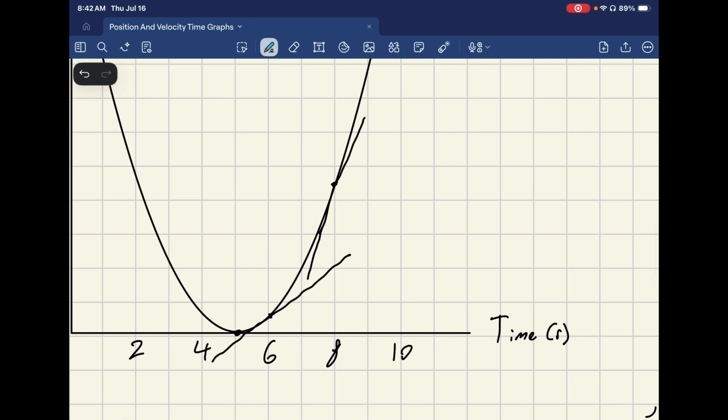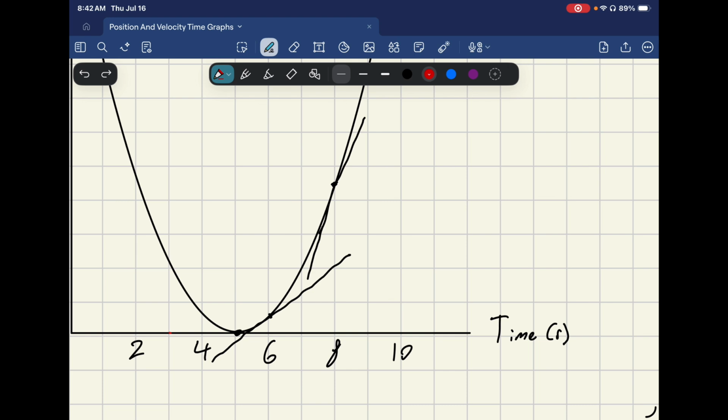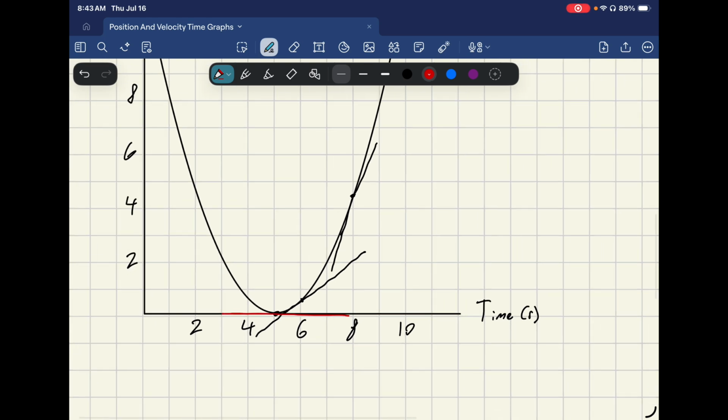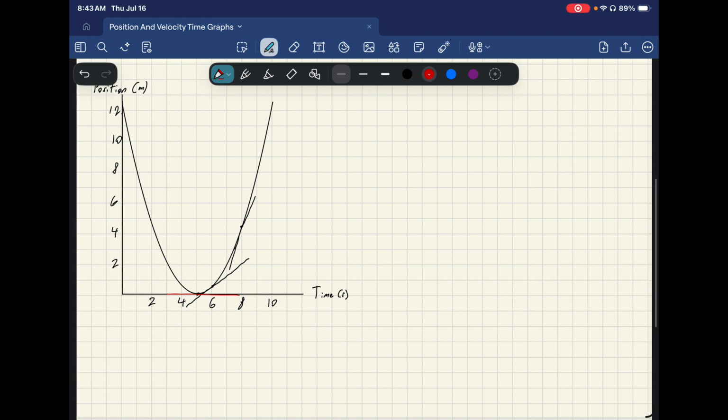And then the point at the very bottom, the slope is 0. So our velocity at the very bottom is 0 meters per second, and then it gets a little faster and a little faster as the graph widens out.